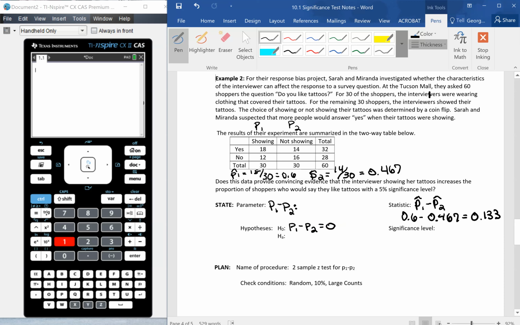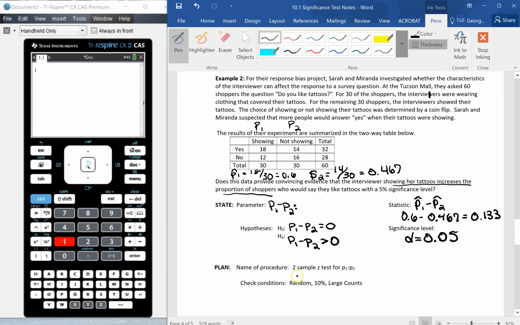And then what we're looking for is that showing tattoos will give a higher proportion than not showing tattoos. So showing tattoos is my P1. If that's going to be bigger, when I'm subtracting, should I get a positive number or a negative number? If P1's bigger, I should have a positive number, so it should be greater than 0. And then they do tell us the significance level, so it's 5%, so 0.05, that's our alpha.